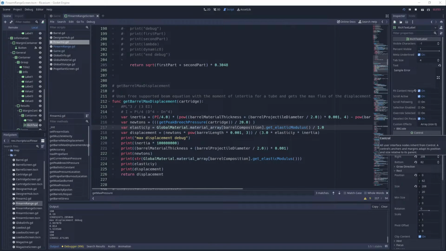Meters 4. So we do use newtons. And then meters.